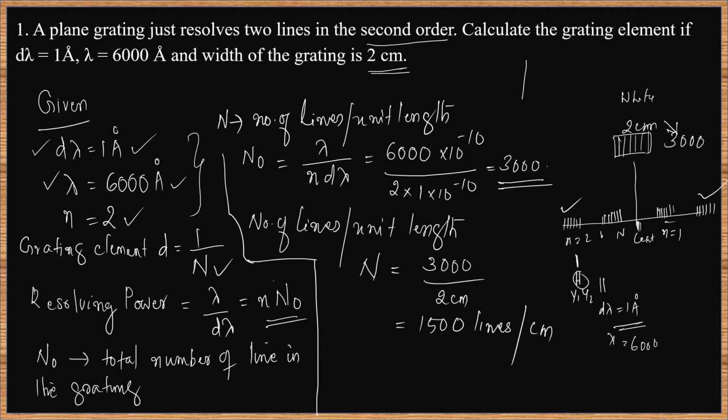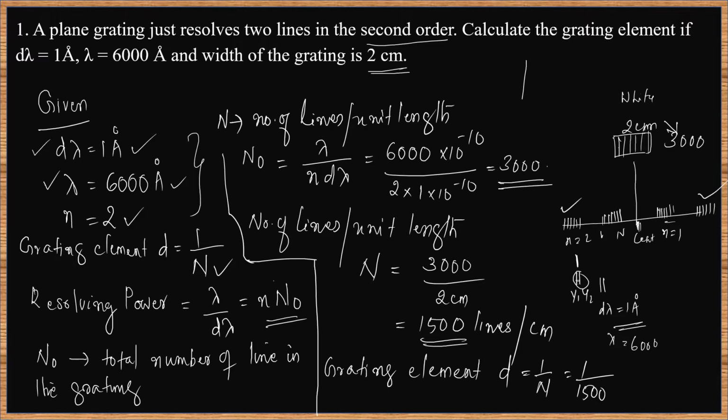Okay, so from here we can find the grating element. D is equal to 1 by n, that is 1 by 1500 lines per centimeter, right?